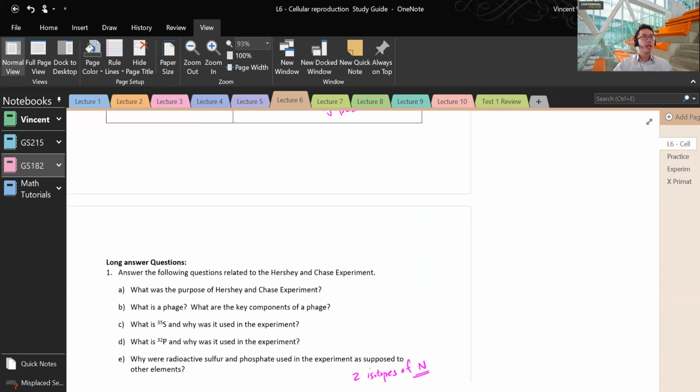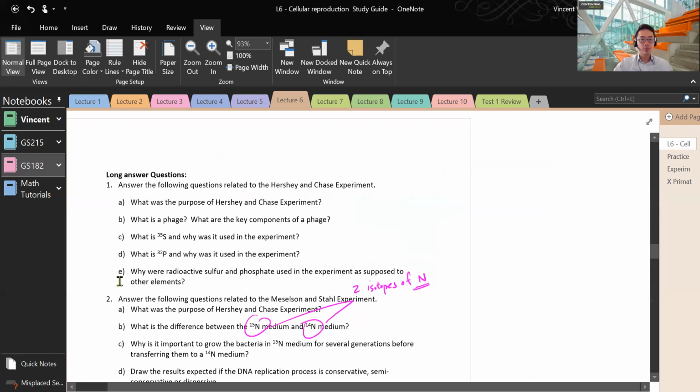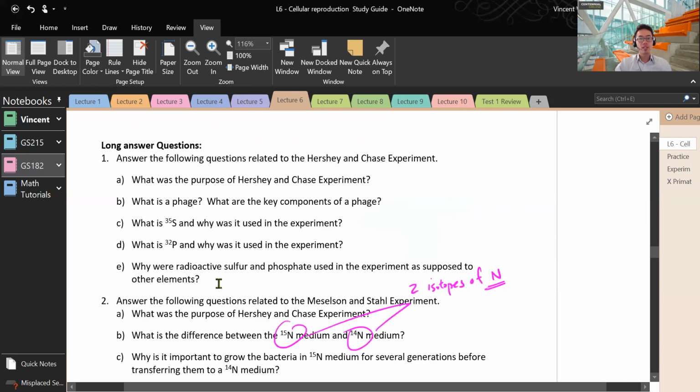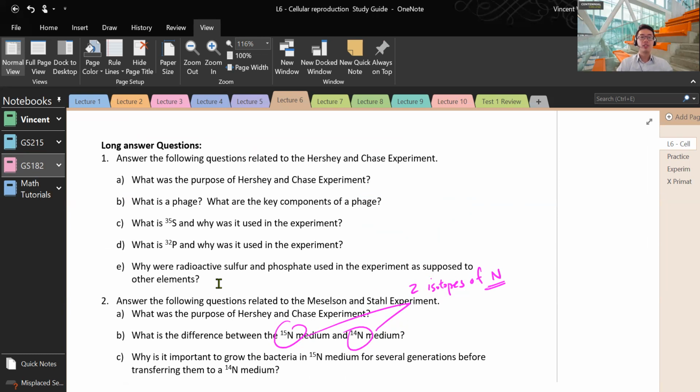And what was it before? Hashana said 1E, right? Is this one, right? Why were radioactive sulfur and phosphate used in the experiment as opposed to other elements? That's because sulfur is uniquely found in proteins and not DNA, right? Remember, proteins are made up of CHNO and a trace of sulfur.